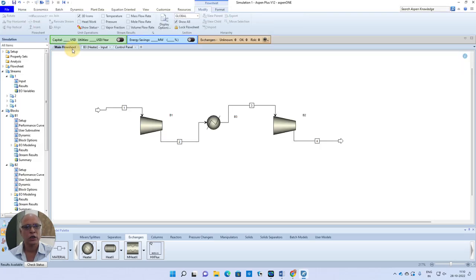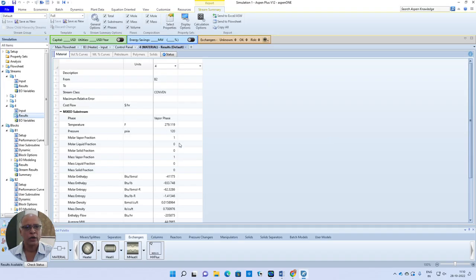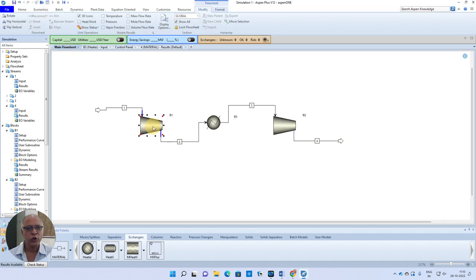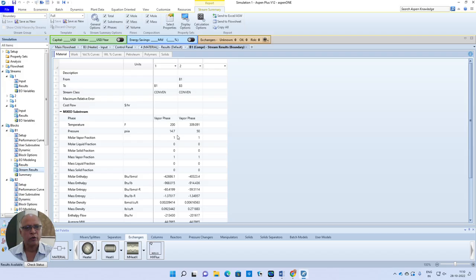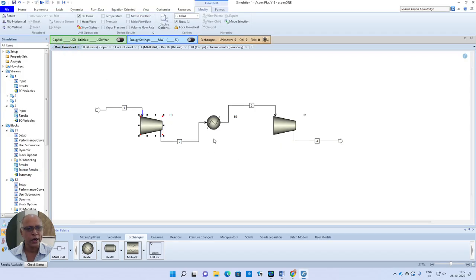Now you can see, of course, the output is at 120 psi, the required pressure. When it is compressed from 50 to 120, the temperature increased to 279. That's one issue. Similarly, if you look at the first compressor, when you increase the pressure from 14.7 to 50, the temperature increased to 309, and this was reduced by using the heater block.